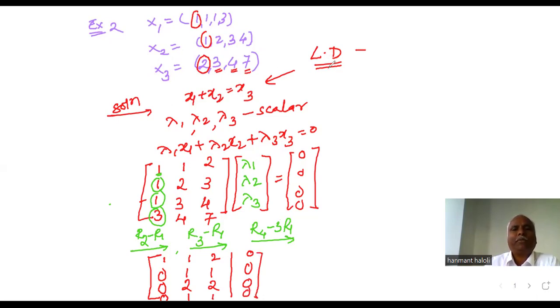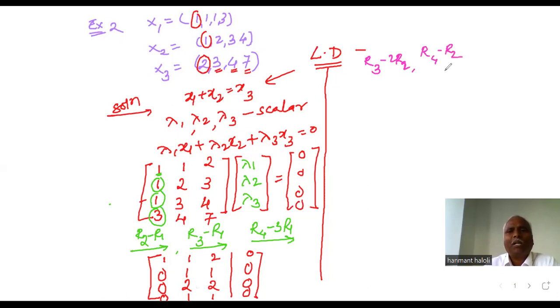Now you can see here second row, third row, fourth row, all look the same. To make them zeros, you can do R3 minus 2 times R2, R4 minus R2.